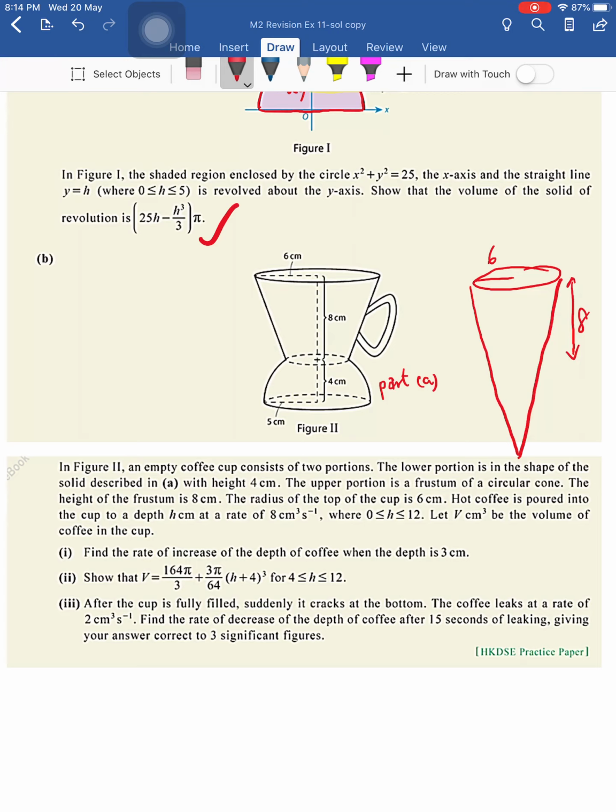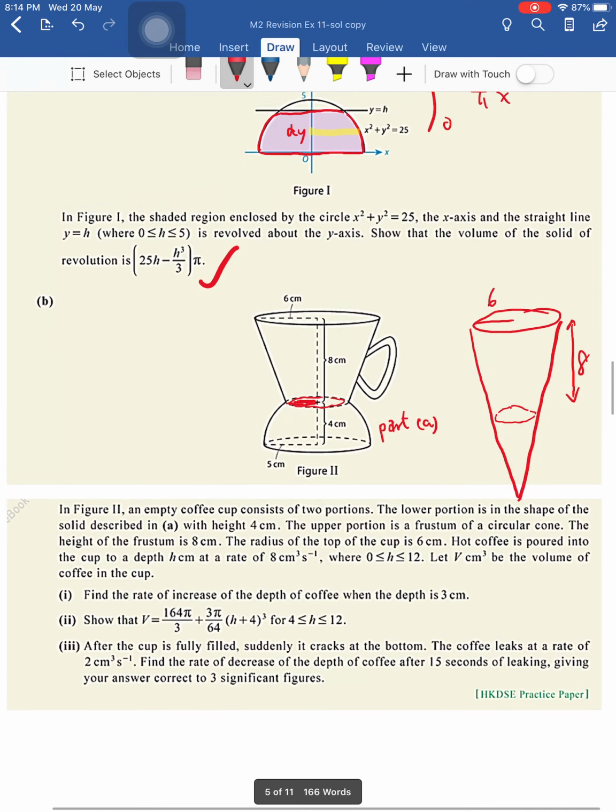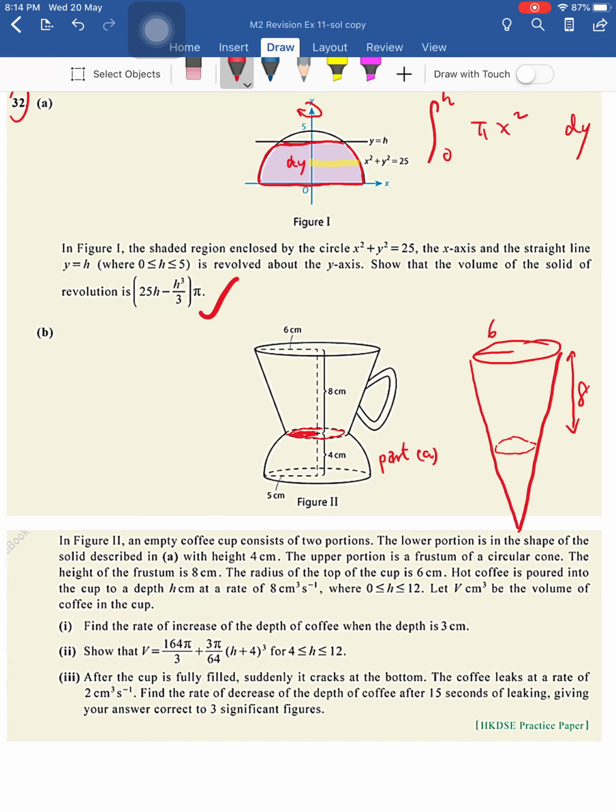And then you have to find out this part. What is the length of this one?